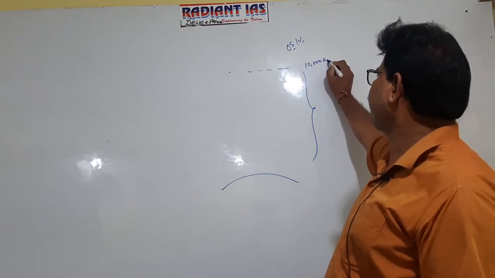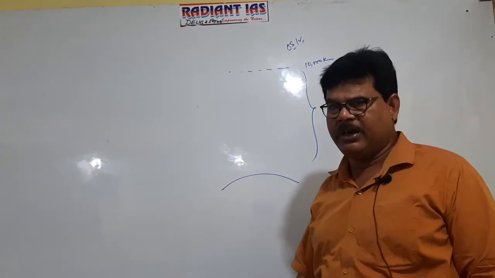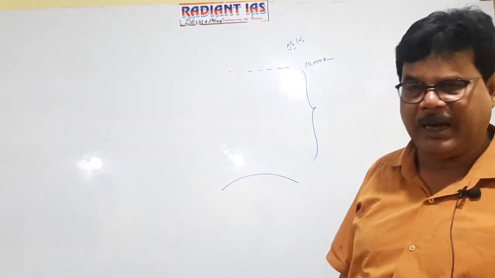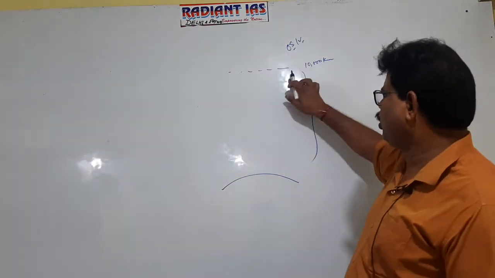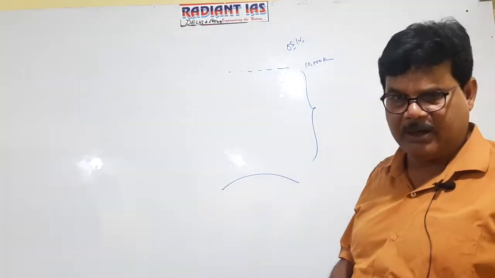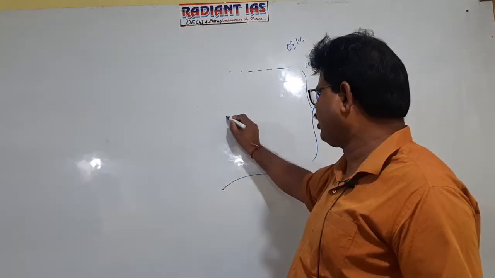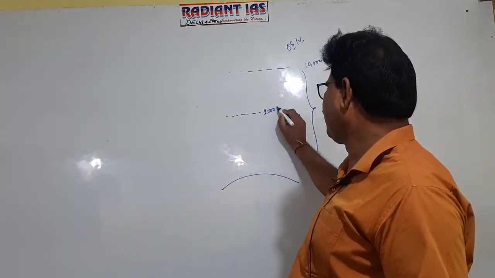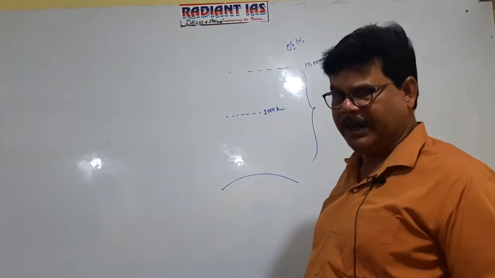10,000 kilometers approximately. In geography, every data is approximate, not absolute, to be noted. Though the Earth's atmosphere extends up to the height of 10,000 kilometers, the effective height of the Earth's atmosphere is only 1,000 kilometers.